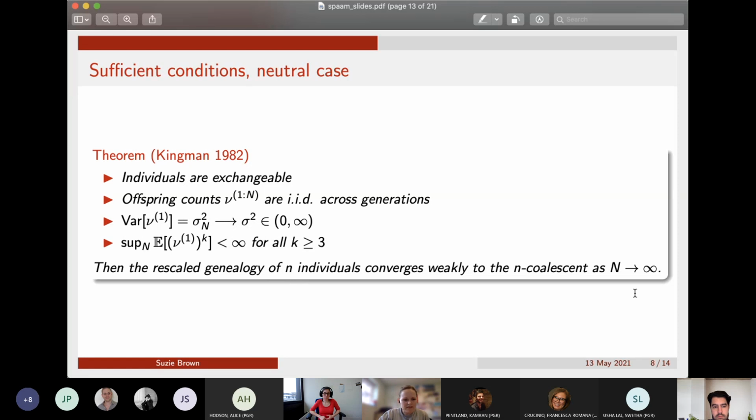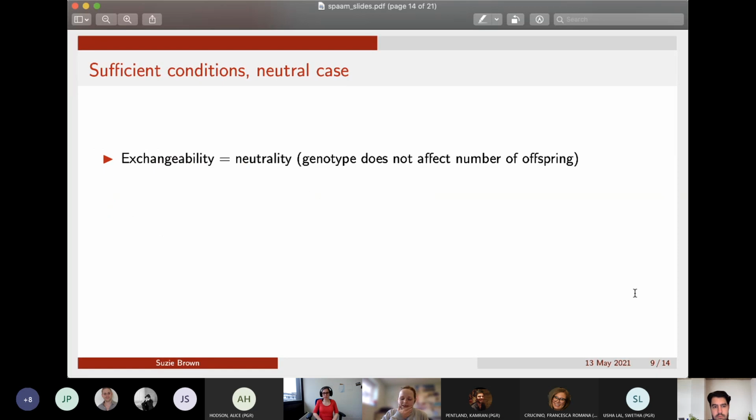So what are these conditions actually doing? Exchangeability is how we encode neutrality. This just means that we don't have any natural selection. That is, the genotype doesn't affect how many offspring an individual has. So this isn't a very realistic population model, because we know that we get natural selection based on certain genotypes being fitter than others.